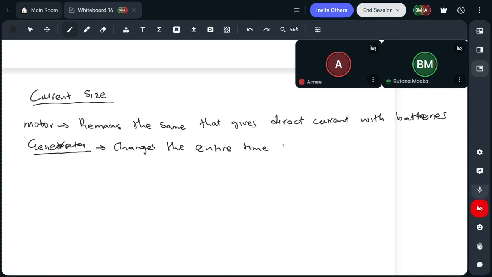The reason for this is because it is induced by turning the loop.